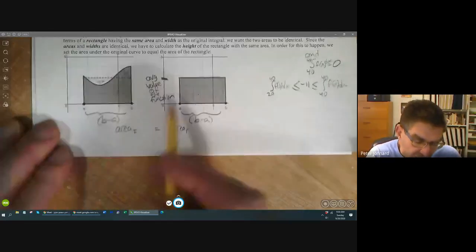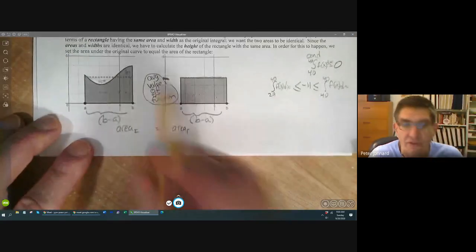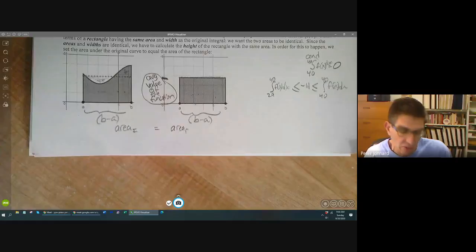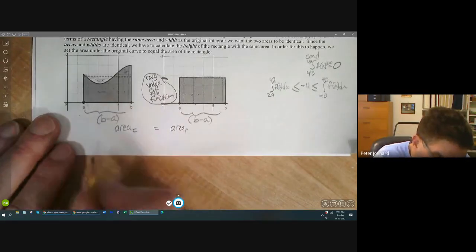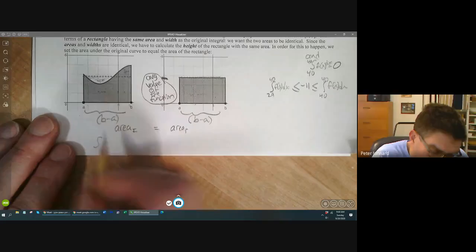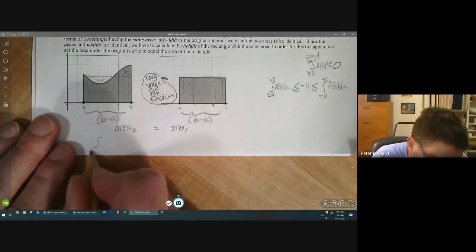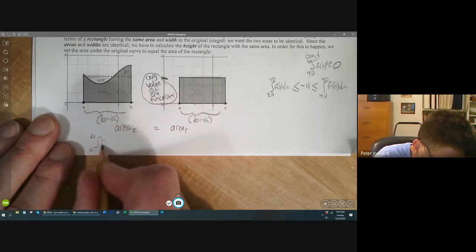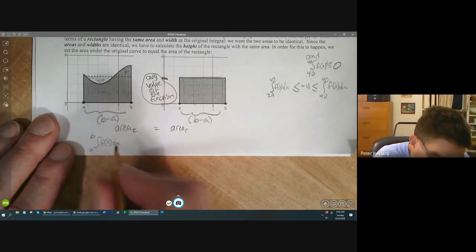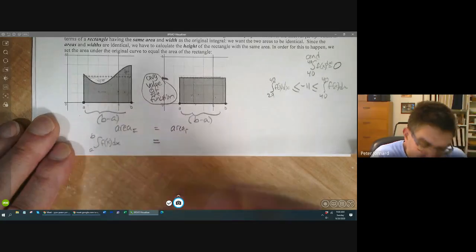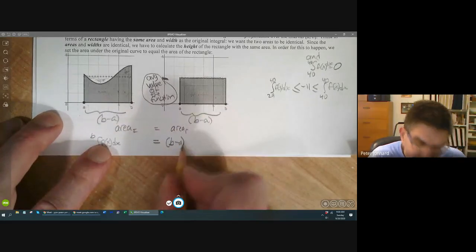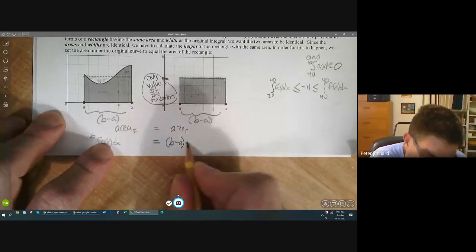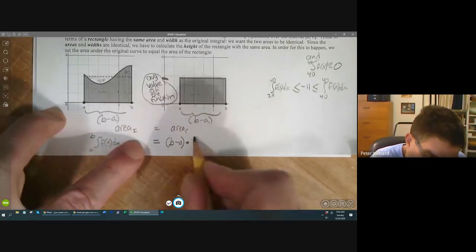Then it's just a question of solving for this variable here, the average value of the function. The area represented on this side is by definition the integral from a to b of f of x dx. That is equal to the area of a rectangle: its base, b minus a, times its height, which is the average value of the function.